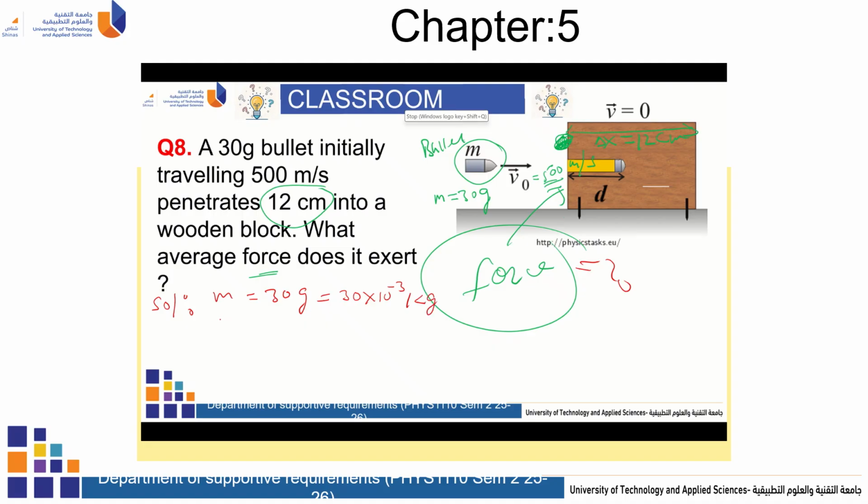Now this is the velocity of the bullet, 500 meters per second, and there is a displacement that the bullet is crossing in the wood, equal to 12 centimeters. But 12 centimeters I cannot take, so I need to change it to meters. So this would be 12 multiplied by 10 to the power minus 2, and this is converted to meters.